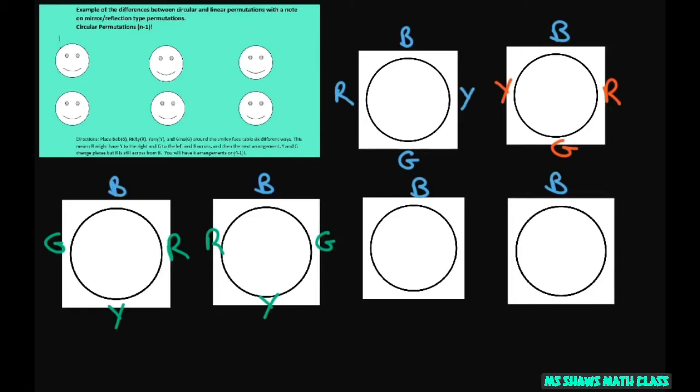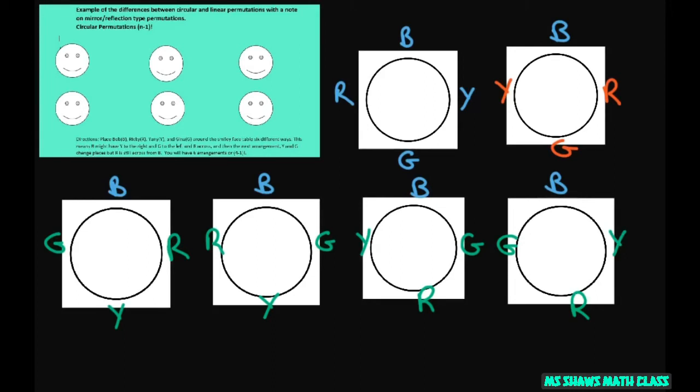And then for the final one, we have Bob, Yanni, Gina, and then I'll put Ricky here and switch around the Gina and Yanni here. So now we have 6 permutations.